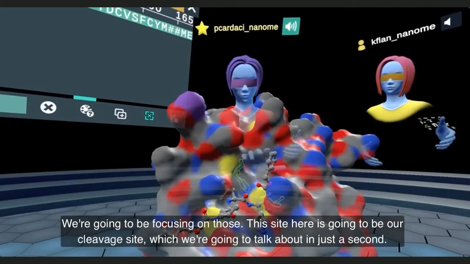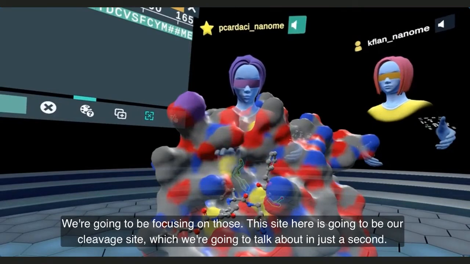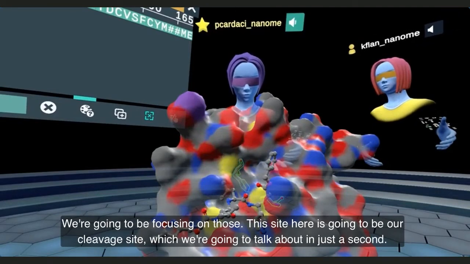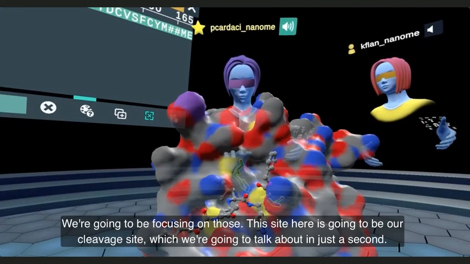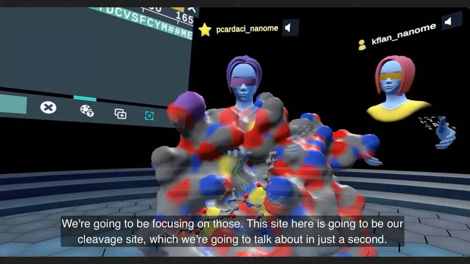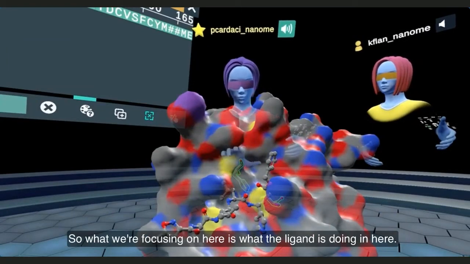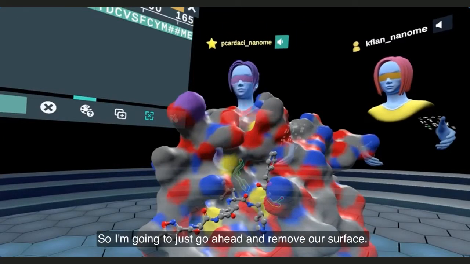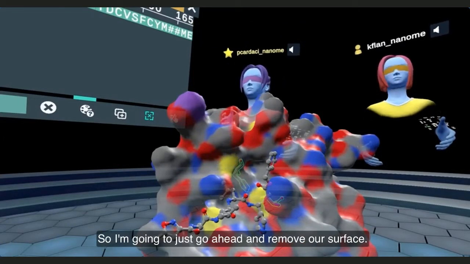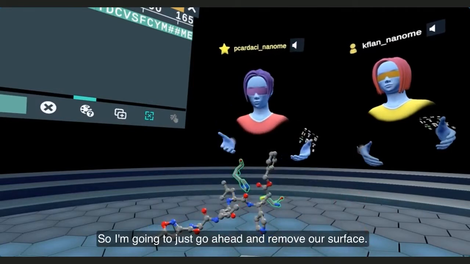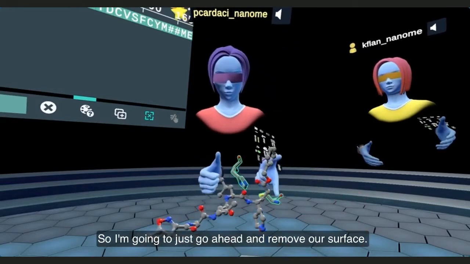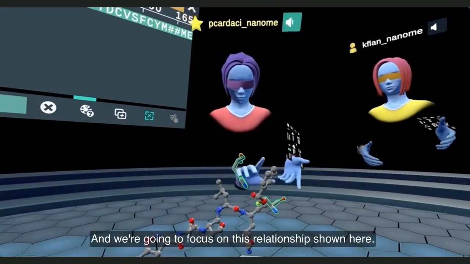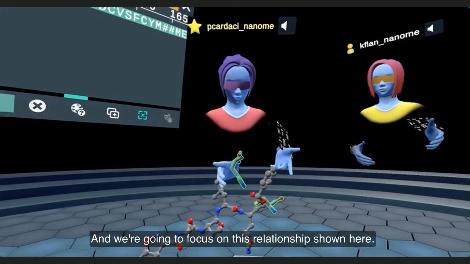We're going to be focusing on those. This site here is going to be our cleavage site, which we're going to talk about in just a second. So what we're focusing on here is what the ligand is doing in here. So I'm going to just go ahead and remove our surface. And we're going to focus on this relationship shown here.